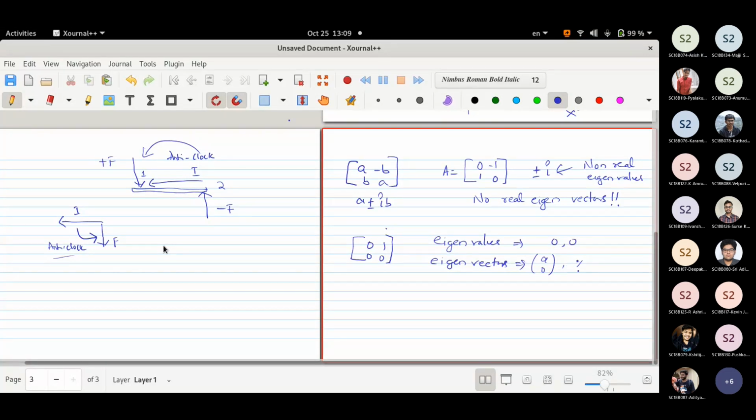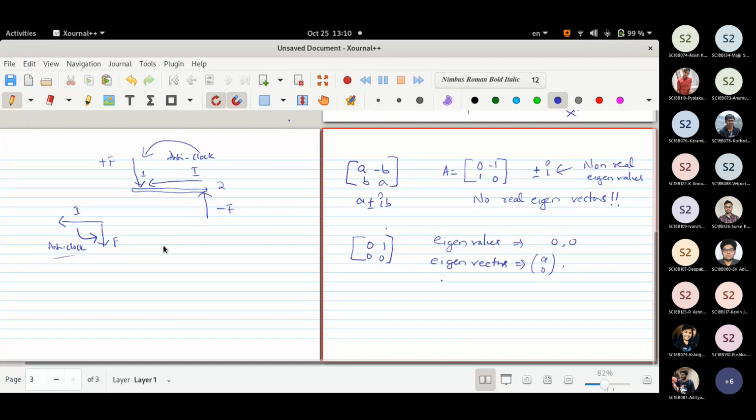eigenvector. See, one important thing: eigenvectors are always non-trivial. Otherwise 0 is always an eigenvector of anything. So eigenvectors are those vectors which are non-trivial. By definition, 0 is not. In fact, this has only one eigenvector.